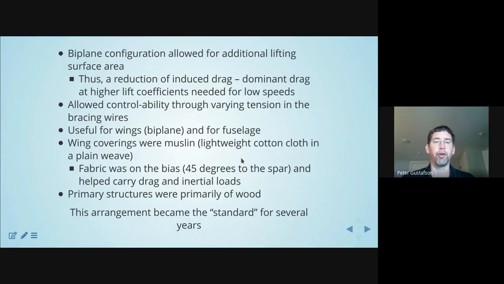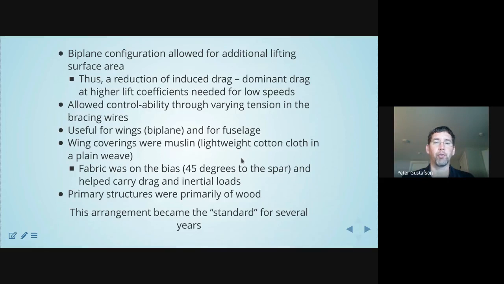Consequently, because it was a larger area, you all probably remember the lift equation. Lift is equal to the dynamic pressure Q times the wing reference area times the lift coefficient. So if you double the area at the same dynamic pressure, you can fly with half the lift coefficient.